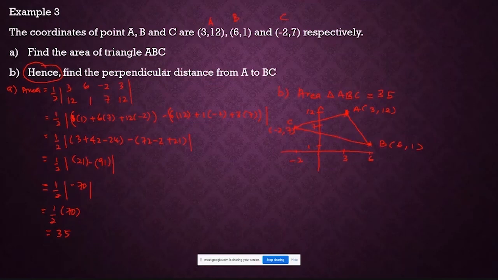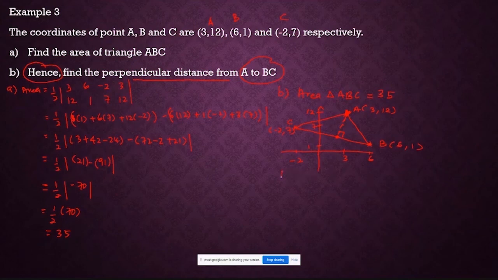Find the perpendicular distance from A to BC. So this line BC, perpendicular distance. It means when you draw one line, it will be perpendicular. So we must calculate this line, the distance from A to this line. Now this forms a triangle.